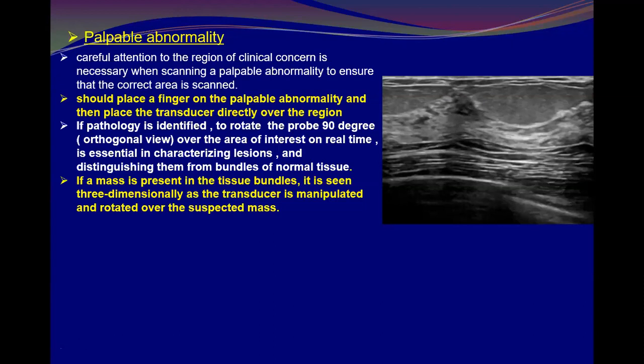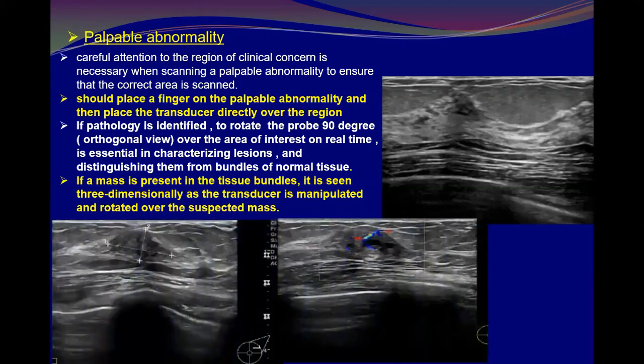So I have to correlate. The palpable abnormality was not as small as it should be in this image. So I have to sweep throughout. When I sweep, look, within the same area as the fibrous ridge, within this parenchyma, there is an underlying fibroadenoma, which was the palpable abnormality, not the fibrous ridge itself.